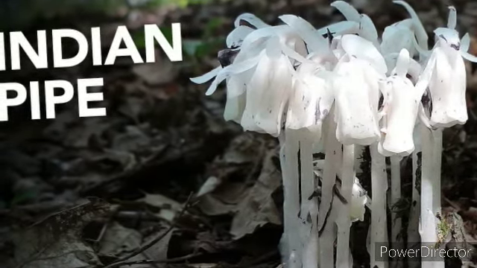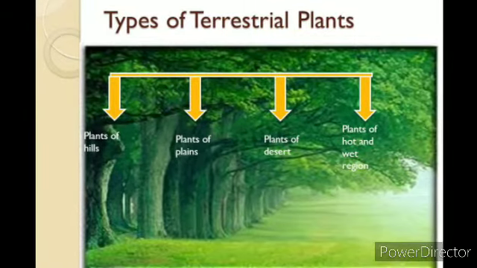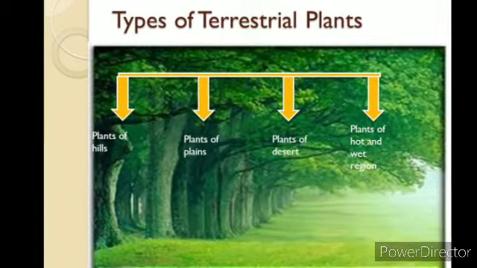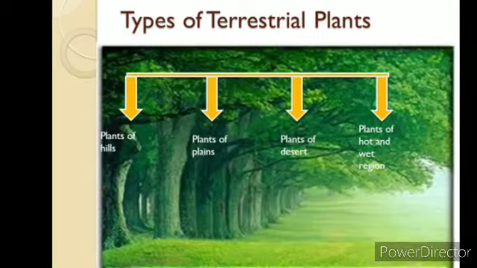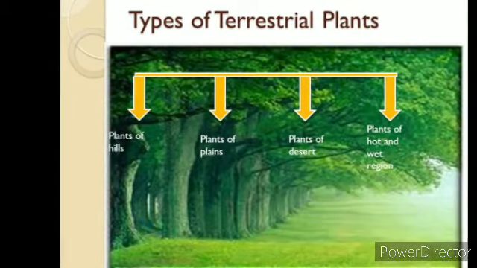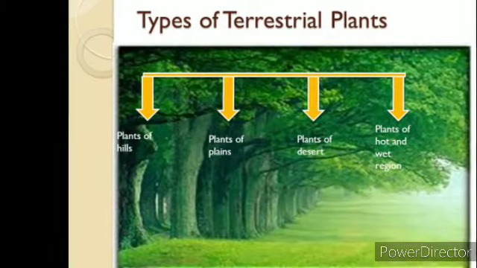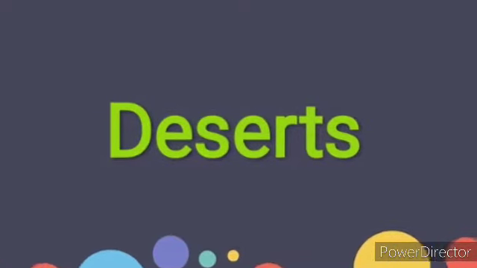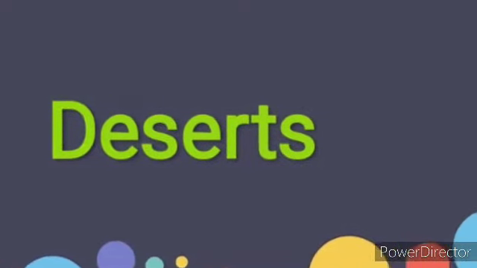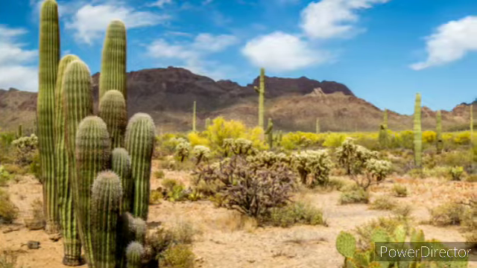They are found in different habitats such as deserts, plains, hills, marshes, forest, and coastal regions. Let us see one by one. Deserts. Some examples of desert plants are cactus, date palm, and acacia.